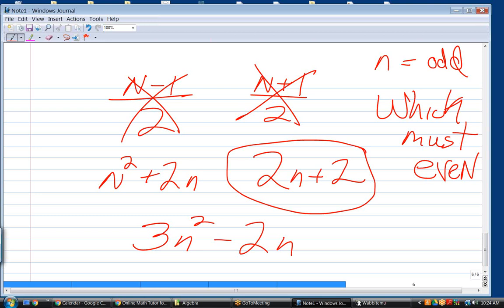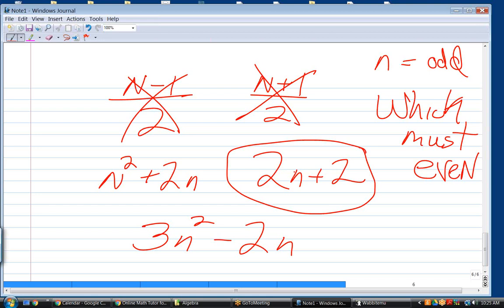Generally, if you pick 2 numbers and it works, I would go with it. In other words, if you pick 3, then that's 8. If you pick 5, then that's 12. Both of those are even.